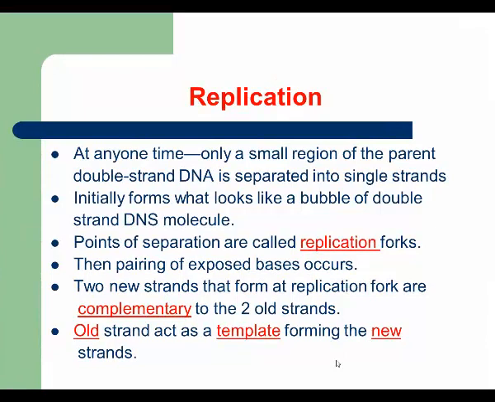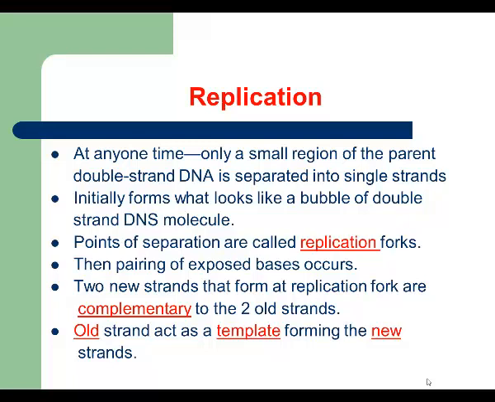We start with replication. The first step of replication is called initiation. It starts when a bubble is formed in a small region of the bacterial chromosome. What forms what we call the bubble? The bubble is formed by specific enzymes.